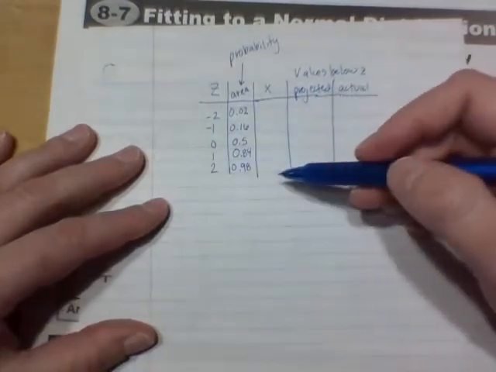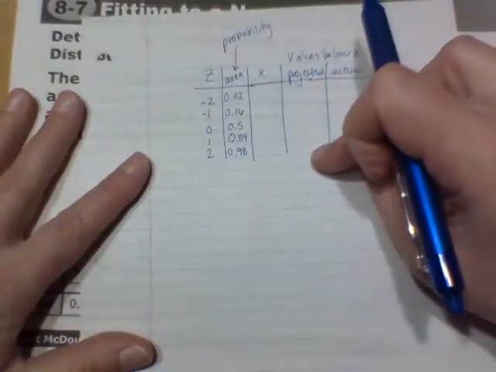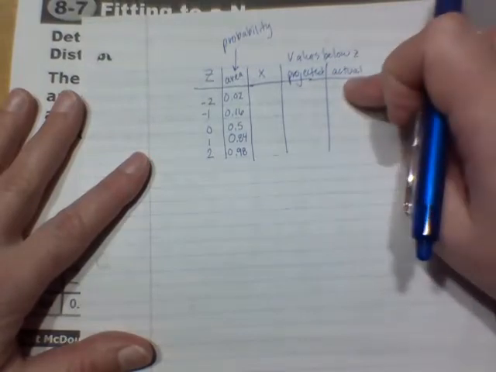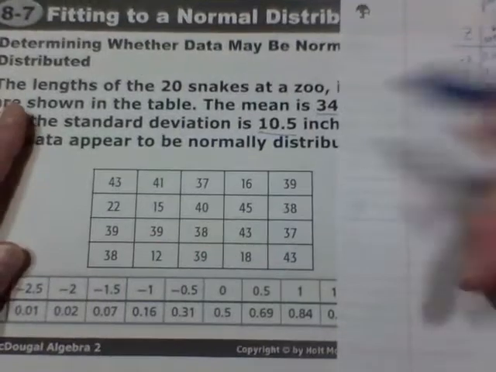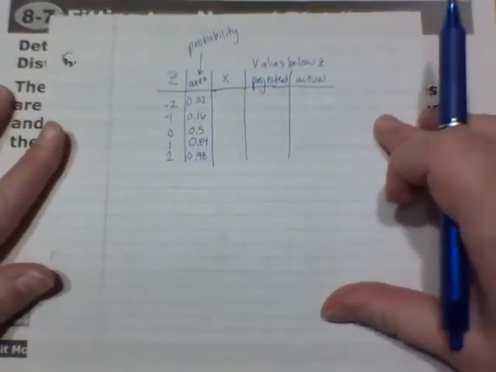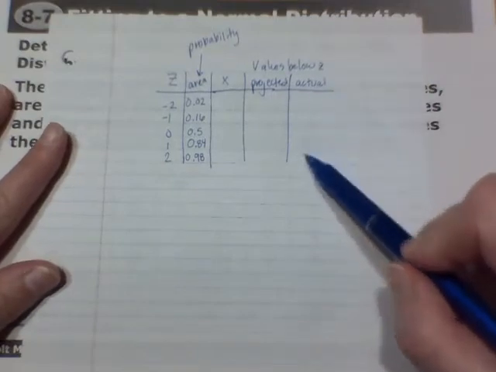So the idea is that we're trying to find out, if we normally distribute these lengths of snakes, are they going to follow this projected outcome, or are they not? And so if they do, this is a set of normal snakes, okay? And we can use that word lightly there. And that's only if the actual follows it.